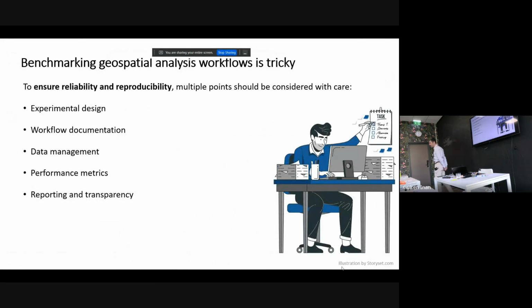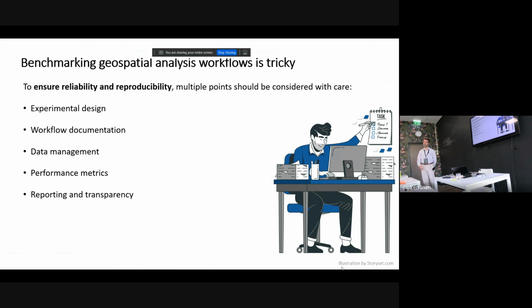Okay. Unfortunately, that's a little bit tricky, because when we need to report this monitoring or benchmarking, we really need to be reliable. And ideally nowadays, we need to be also reproducible.